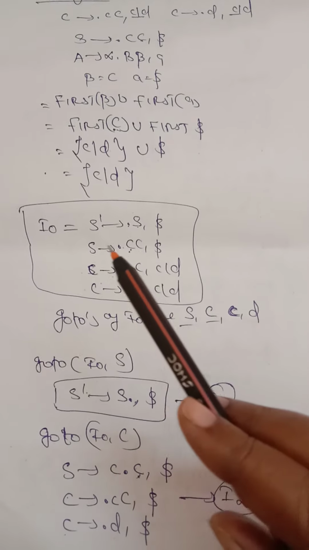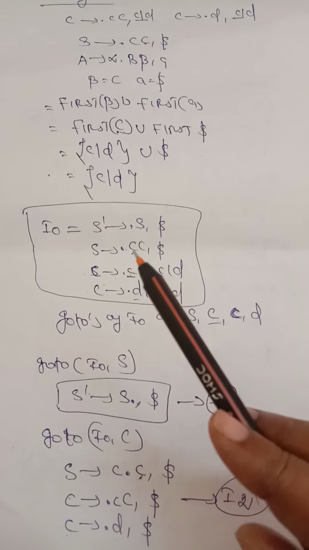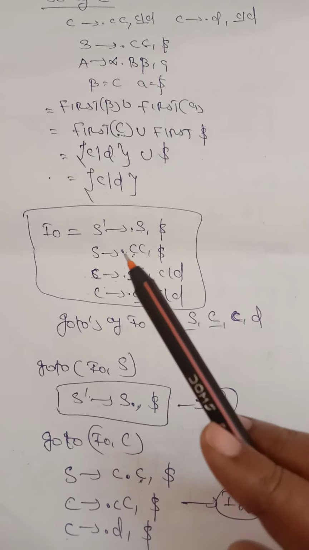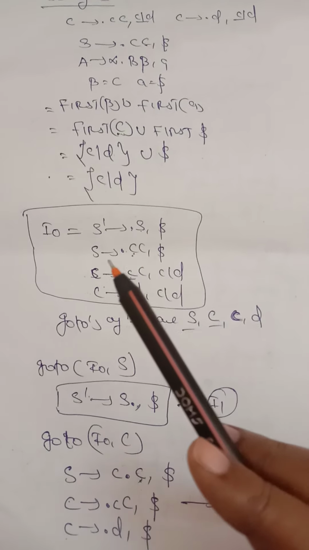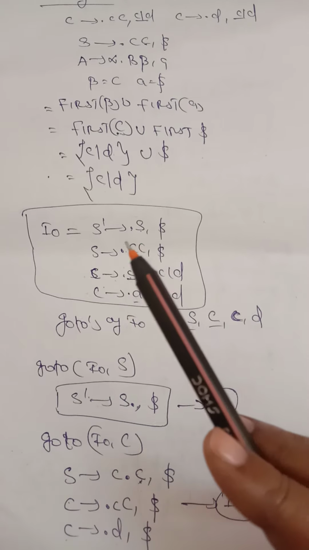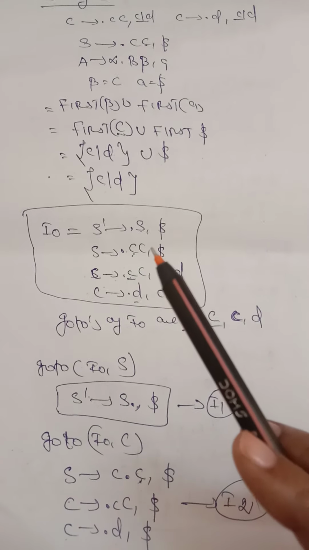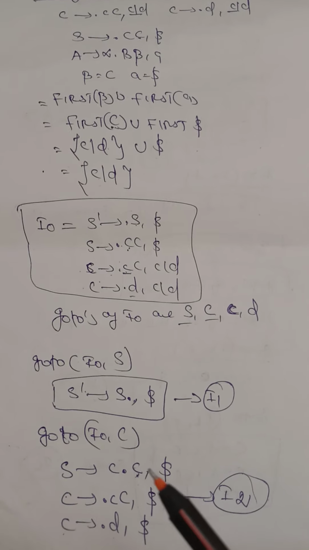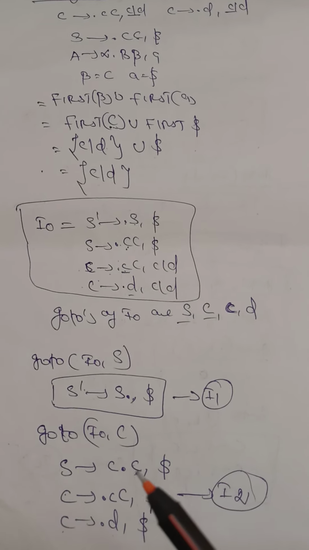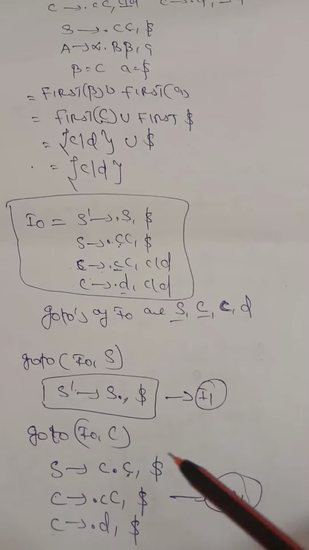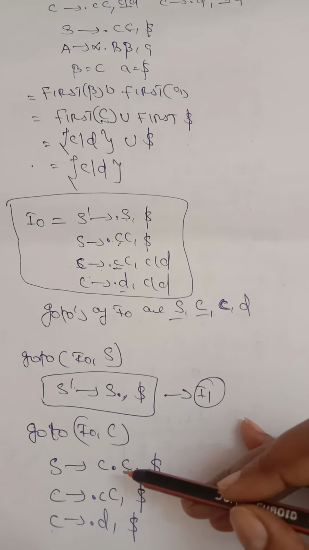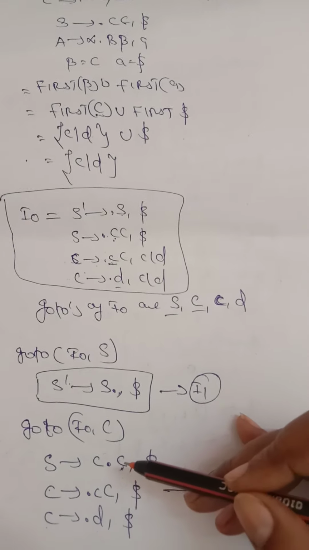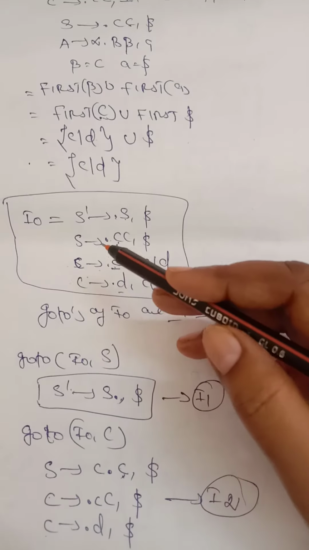Next apply go-to of I naught comma C. Here we are having C, so automatically the dot moves towards the right side by one position. So the output is S goes to capital C dot capital C comma dollar. Here after the dot we are having C, so we have to refer to the C productions from I naught.